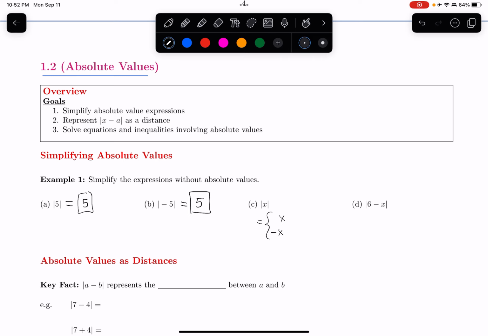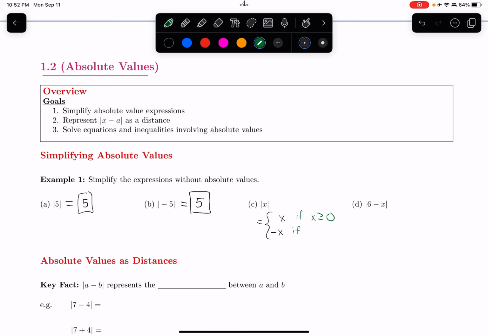To complete the piecewise function, I need to write the word if on both of these and then describe what x has to be to make this be the value. In this first situation, I needed the inside to be non-negative. So that's going to happen if x is greater than or equal to 0.